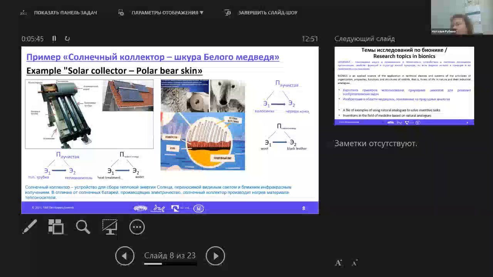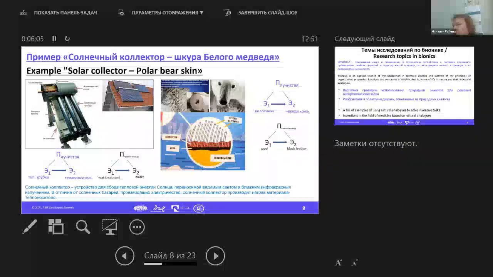So this is how polar bears use their skin not to freeze in their habitats. Exactly this effect is used in the design of the solar collector.